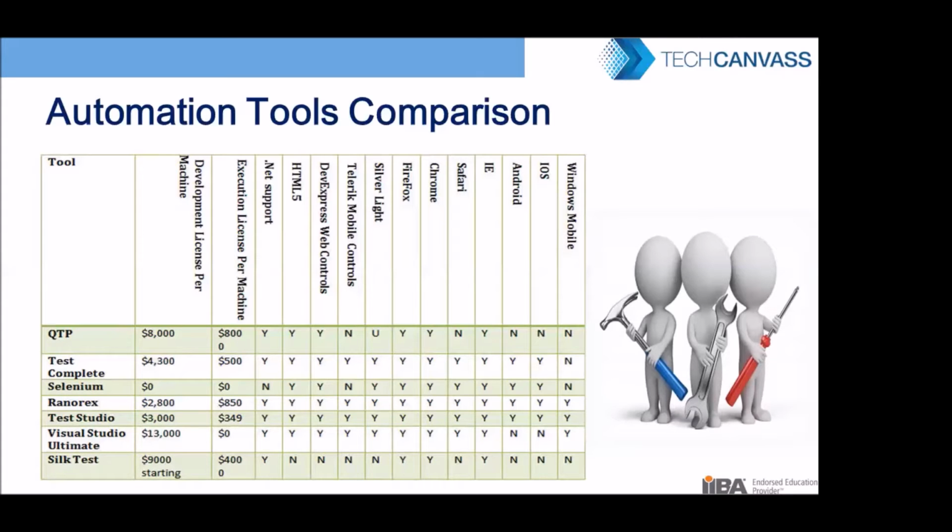This is Visual Studio basically, and it also supports almost everything. And then Visual Studio Ultimate, which is the advanced version of Visual Studio, we can say. And the last is Silk Test. Silk Test's price is also very high. You can see it's higher than QTP also, but it does not support what QTP does.